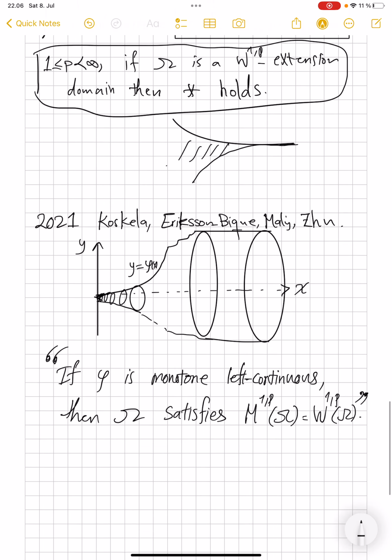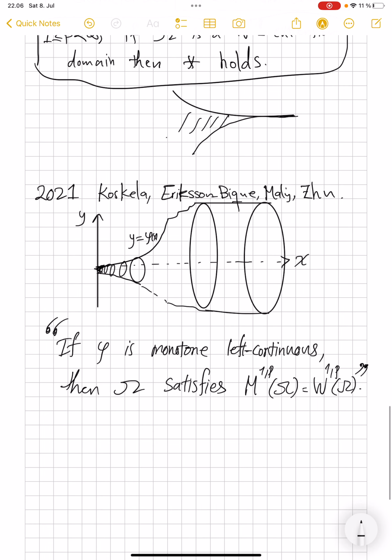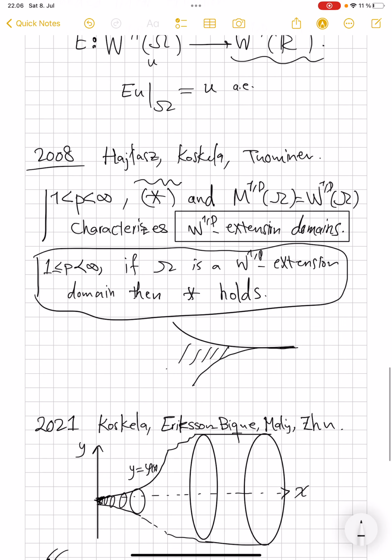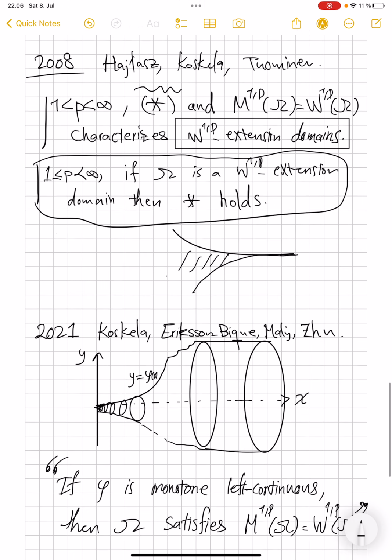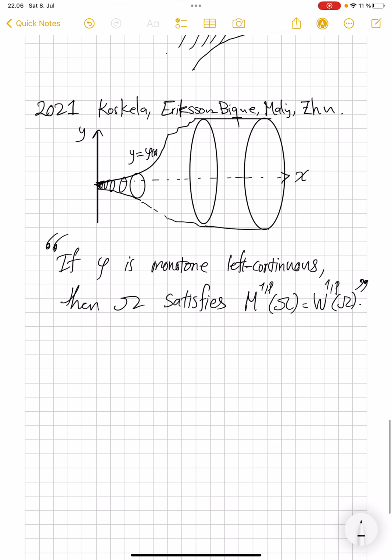Okay, so that gives us many examples of Sobolev-Hajłasz classes, incidentally, because there are many domains that satisfy the density condition and are extension domains. So then M1P becomes just W1P.